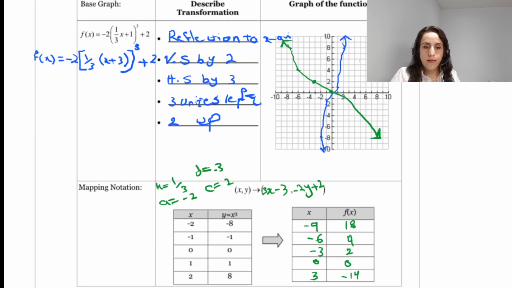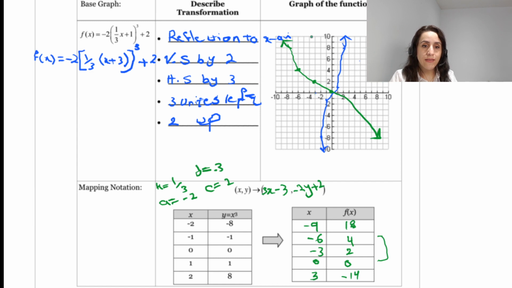Okay. I have 0 and 0 here. I drew it before. Negative 3 and 2, I have it. Negative 6 and 4, I have it here. Do you see? These 3 points I did based on the graphing from these transformations.